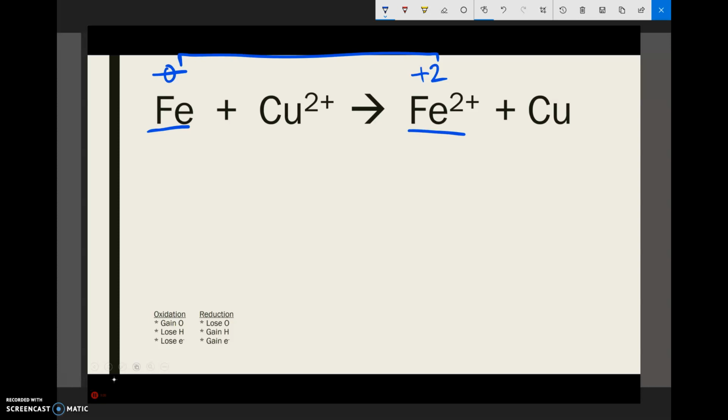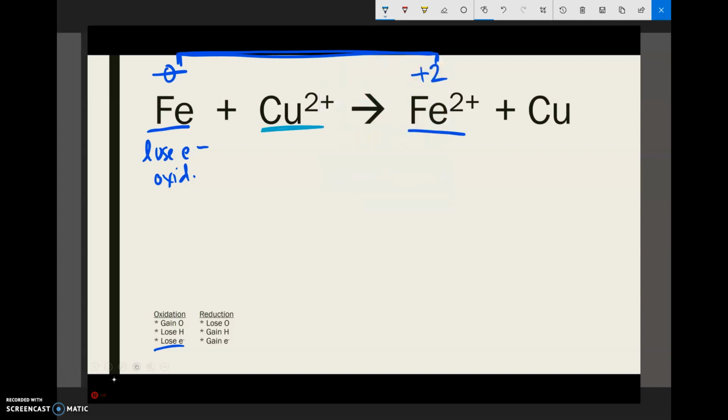That shows an increase in oxidation number, which means that we've actually lost electrons here. So an increase means we've lost electrons. If we lose electrons, then that shows oxidation. Remember, oxidation is loss of electrons, and we can show that because our oxidation number is increasing.